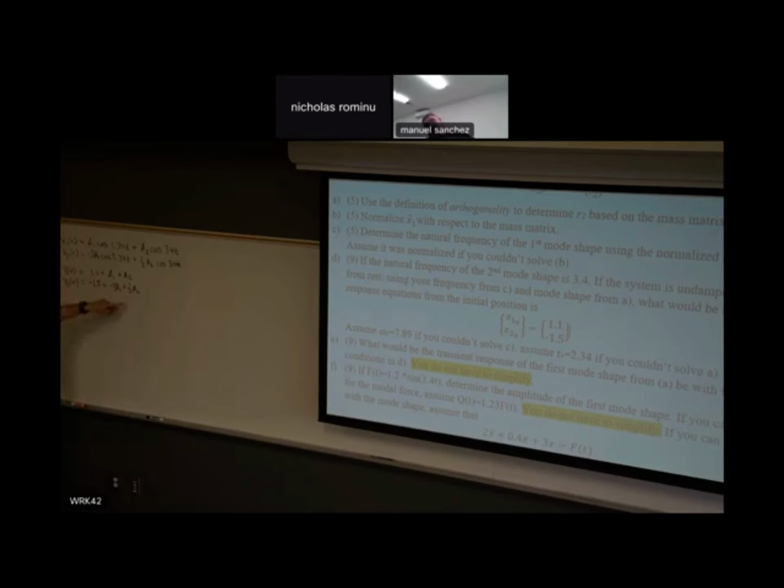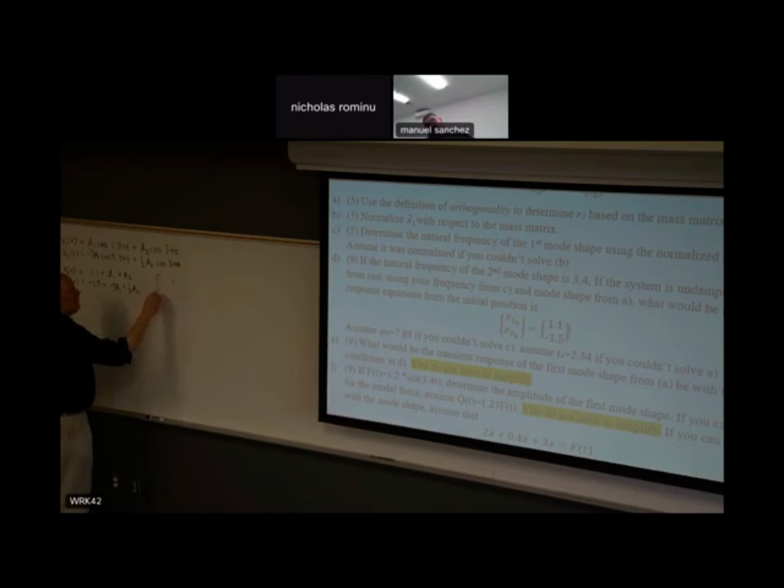So we can write this in matrix form: [1 1; -3 1/2]. So we invert that and multiply it by [1.1; -1.5].